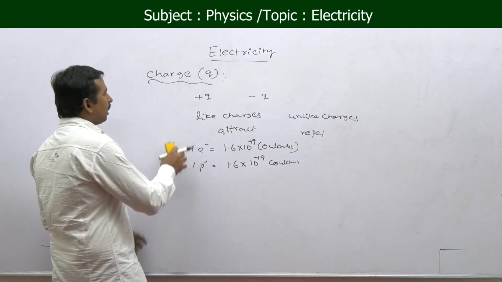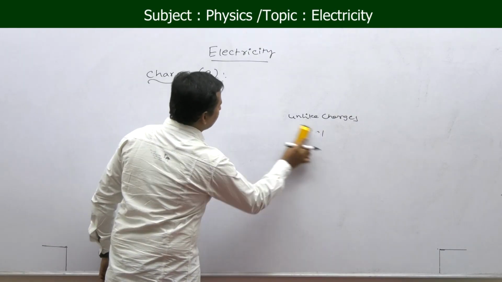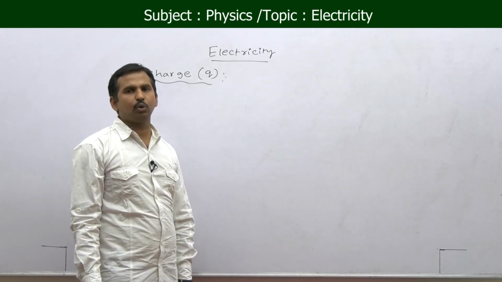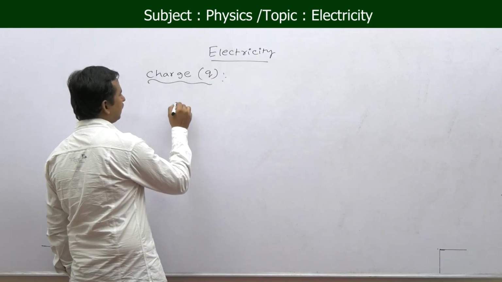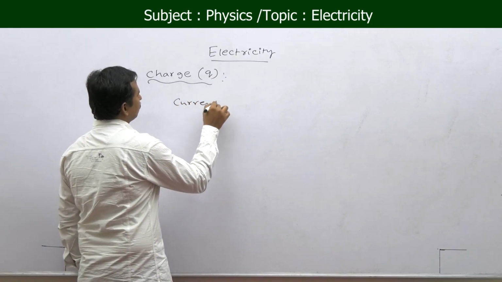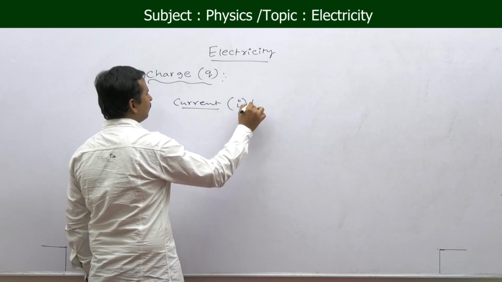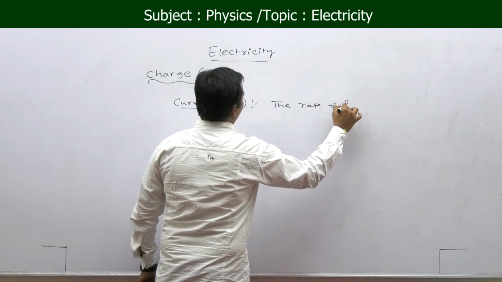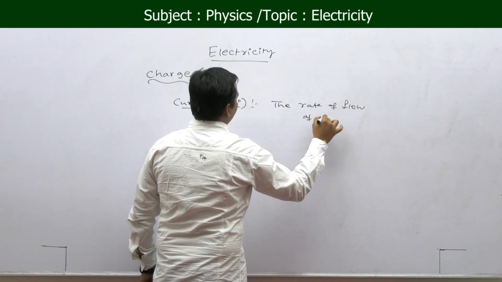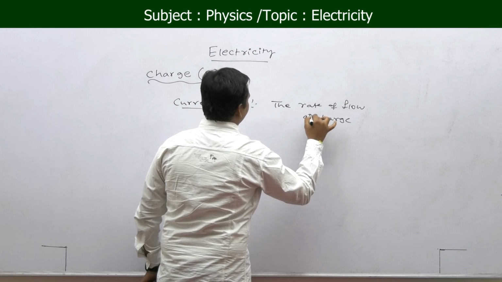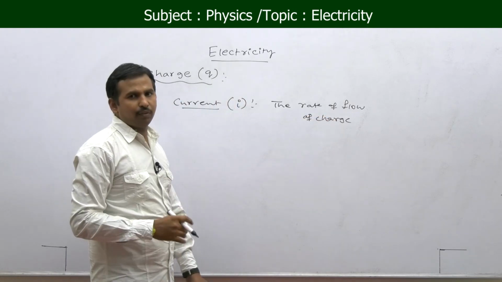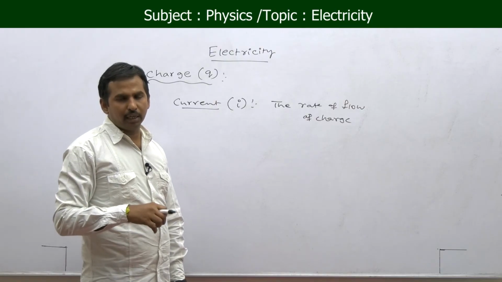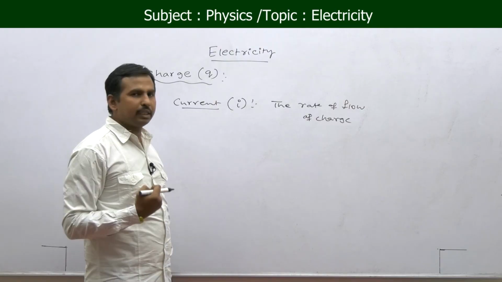As charge is present, if the charge flows through a conductor, the rate of flow of charge is what we call current. Current is represented with I. Whenever charges flow through a conducting wire in a given time, that is called current.